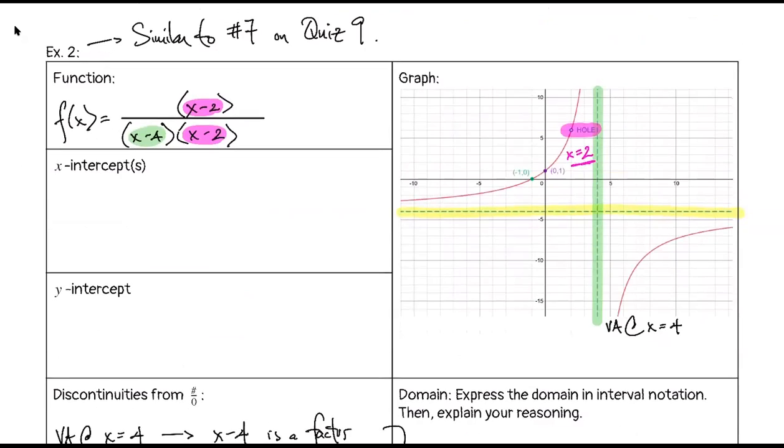Okay, so we know that we have a hole at x equals 2. And if we zoom in here, we've got an x-intercept at -1, 0.